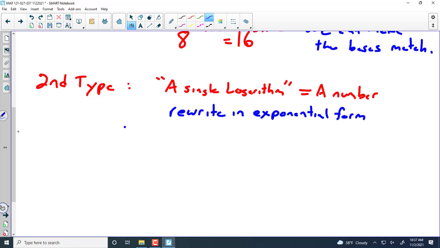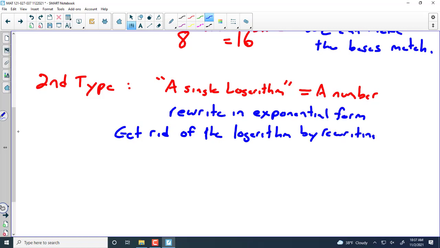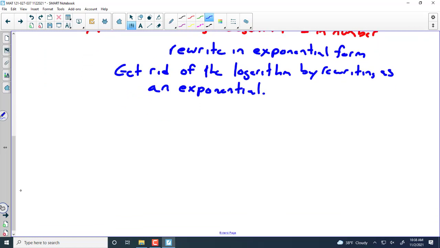In other words, we would get rid of the logarithm by rewriting as an exponential. And the type of problem that we maybe saw with this would be something that looked like this.